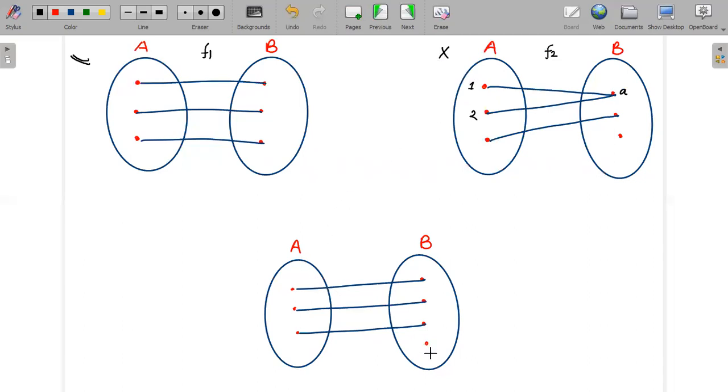Whereas in the third one, a particular element in set B has no pre-image, but this is not our concern. What we are looking for is that different elements of set A should have different images in set B. So that qualifies function f3 to be an injective one. Did you get it?